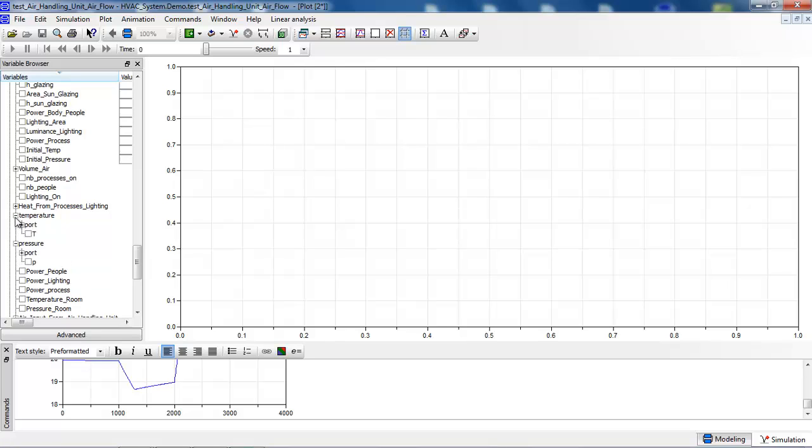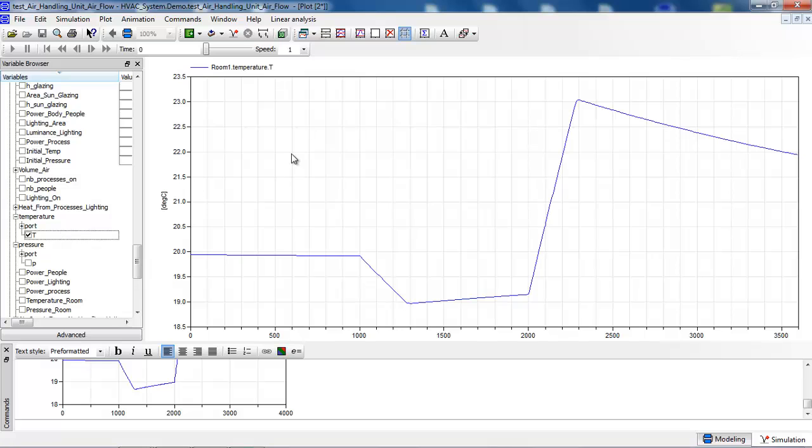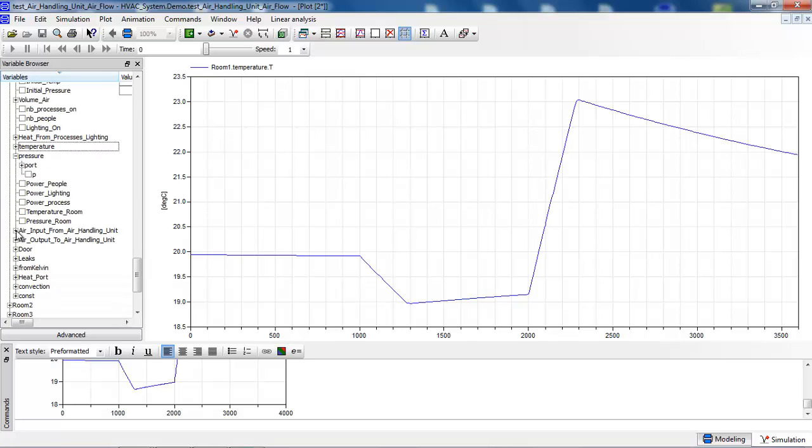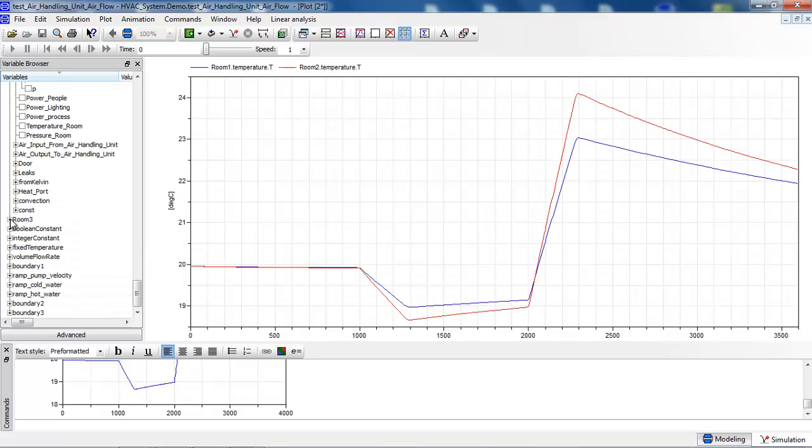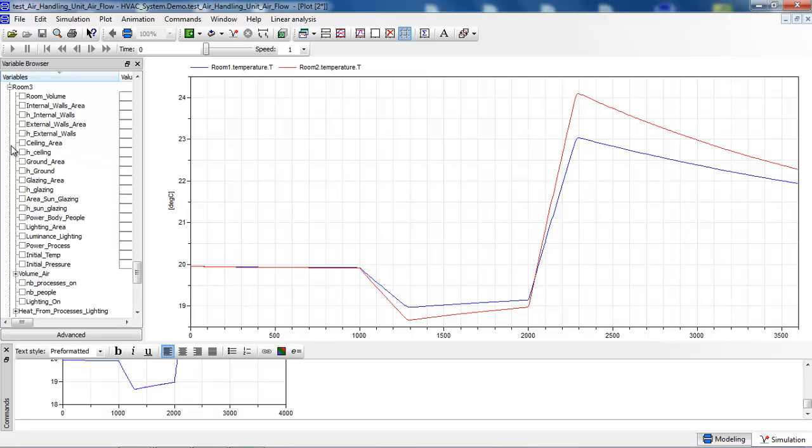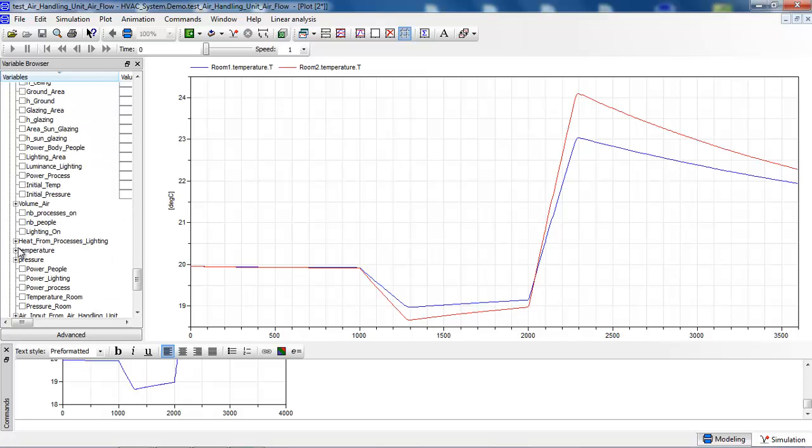I will also post-process the temperature in my different rooms to understand the effect of cold water and hot water. Here are the different temperatures in my different rooms.